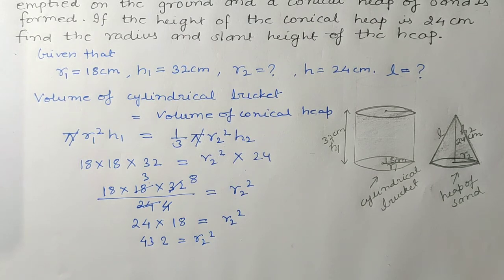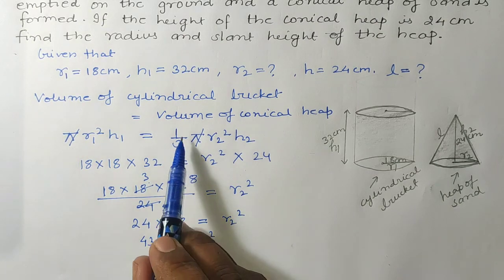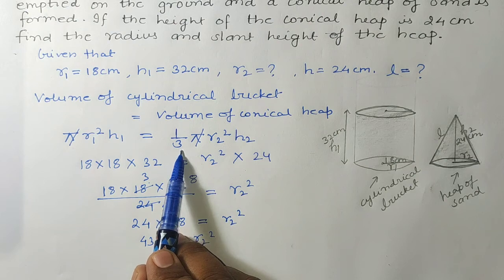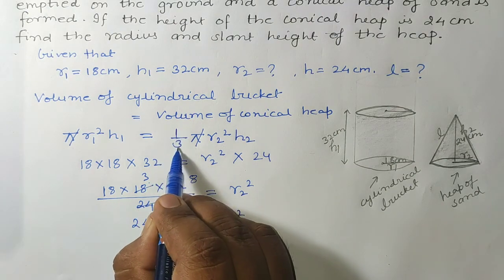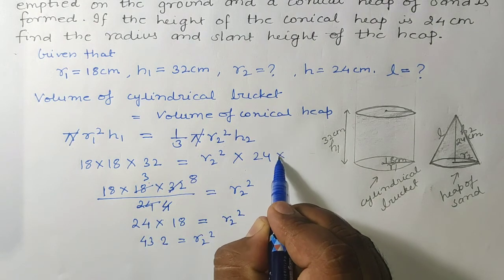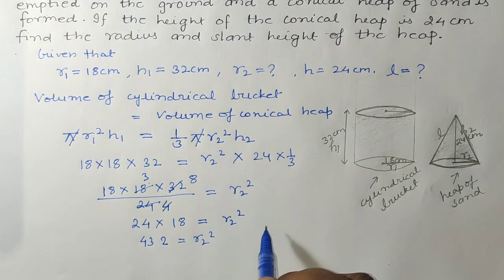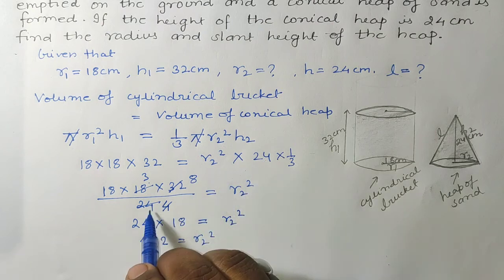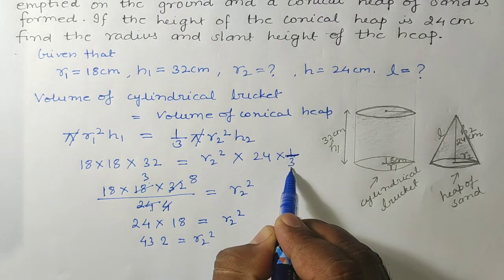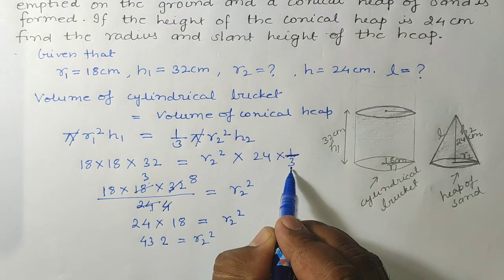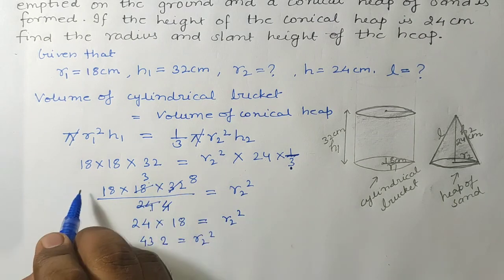But one more thing students, here 1 upon 3 was also there, na? So when we'll solve here, this 1 by 3 we have missed, so here it is 1 by 3 also, and when this 24 is shifted, then the denominator 3 will also be shifted, and since it is in the denominator, it will go in the numerator.